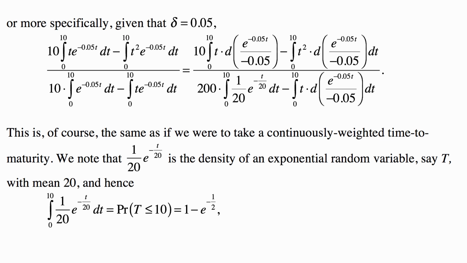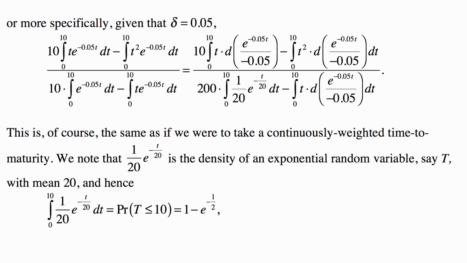This whole thing is effectively the same as taking a continuously weighted time to maturity, which is what Macaulay duration ends up being. We note that 1 over 20 e to the minus t over 20 is the density of an exponential random variable, say t, with mean 20, and therefore the integral from 0 to 10 of 1 over 20 e to the minus t over 20 dt is the probability that that kind of random variable is less than or equal to 10, which we know to be 1 minus e to the minus 1/2, because that's e to the minus 10 times 1 over 20.